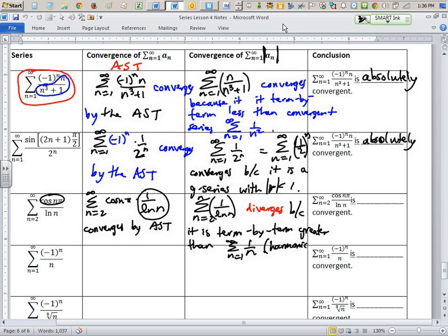You might say, why is it greater than the harmonic? Well, because it has an ln n on the bottom, which is less growing than the n is. See? So this here has a bigger denominator. 1 over n has a bigger denominator than 1 over ln n. Yet 1 over n diverges. So that means 1 over ln n must diverge as well by DCT, direct comparison.